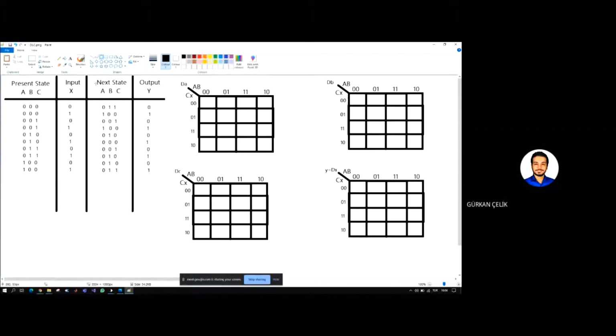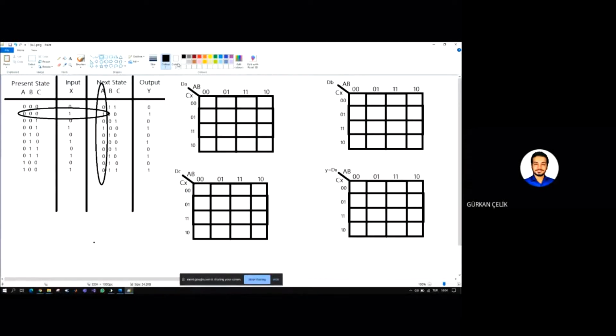So we need to follow this column, and as you already did in your exams, you need to follow the ones for these columns. Here we have 1. AB and CX: we have 0, 0, 0, 1.